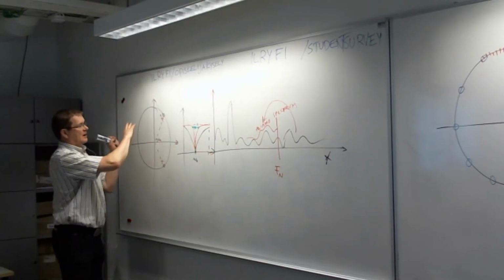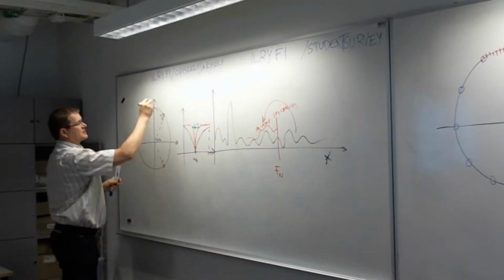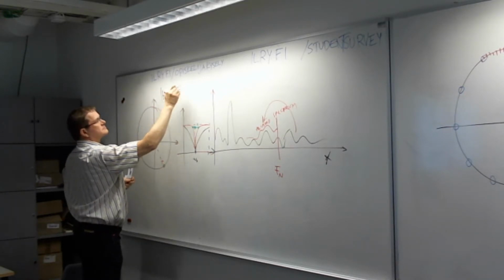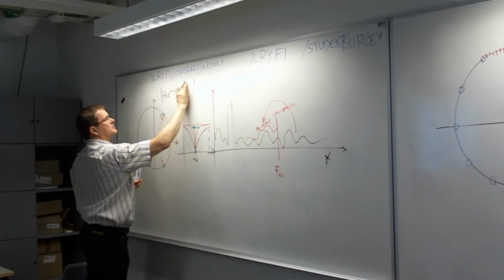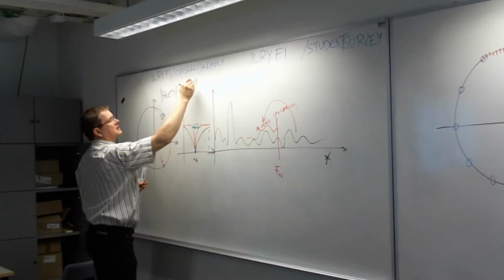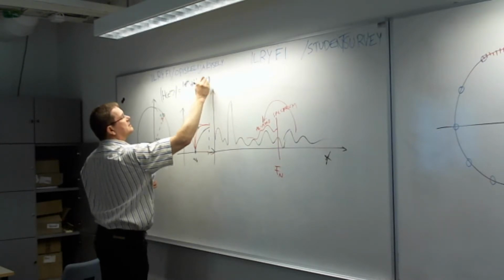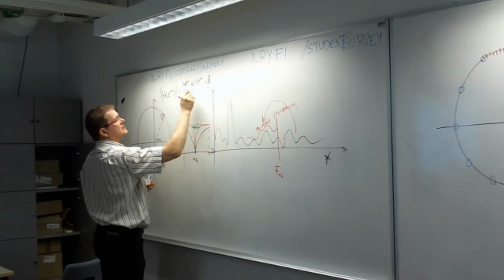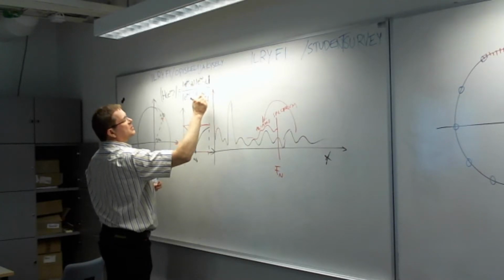Okay, how come? If we are here, remember the amplitude response? It's basically the product of e to j omega minus zero 0 times e to j omega minus zero 1, divided by e to j omega minus pole 0 times e to j omega minus pole 1.